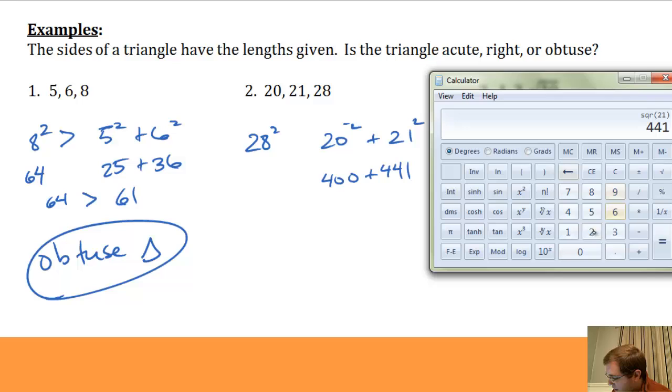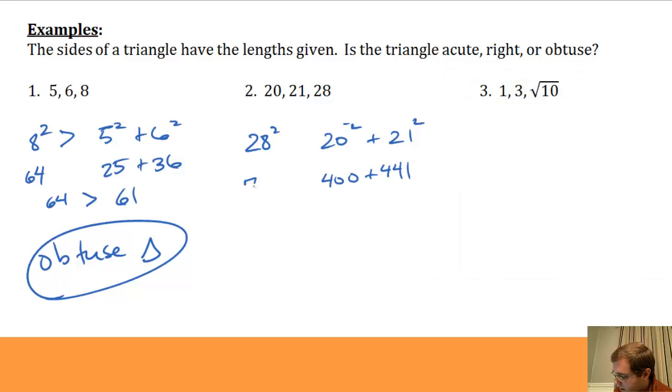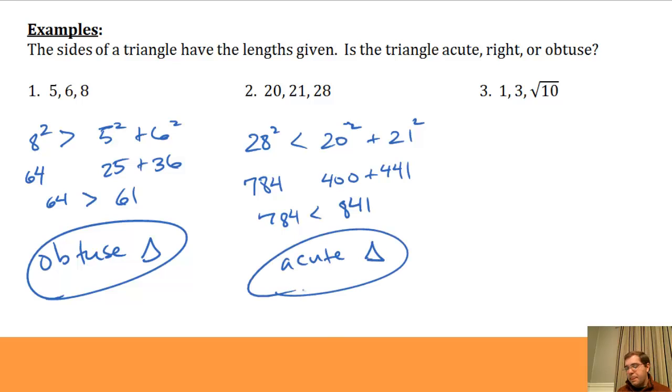And 28 squared is 784. Okay, well 400 plus 441 is 841. So 784 is clearly smaller than 841. It's less than, which means 28 squared is less than 20 squared plus 21 squared, which means it is an acute triangle.